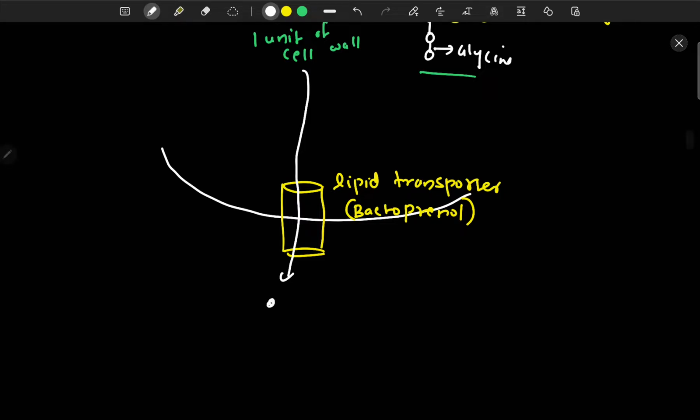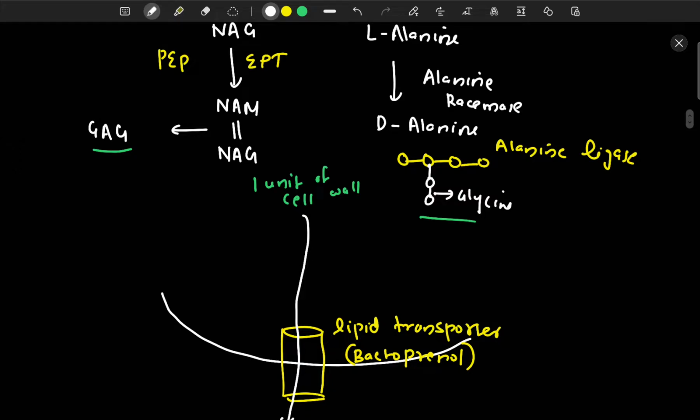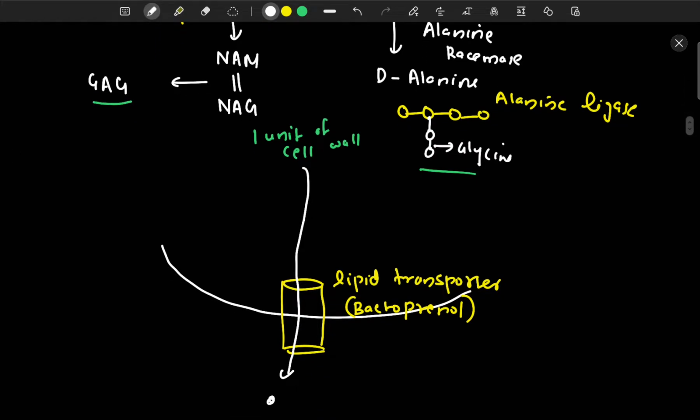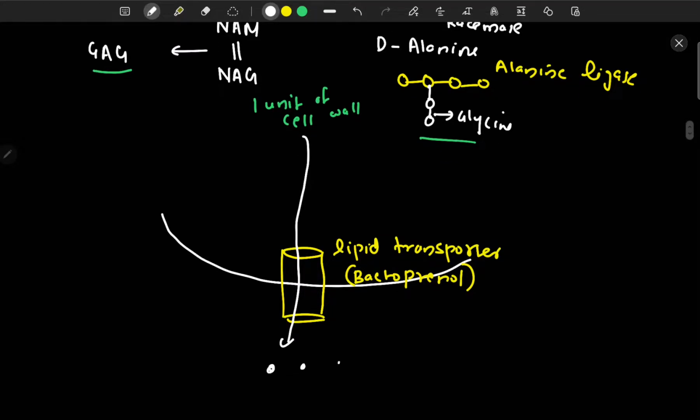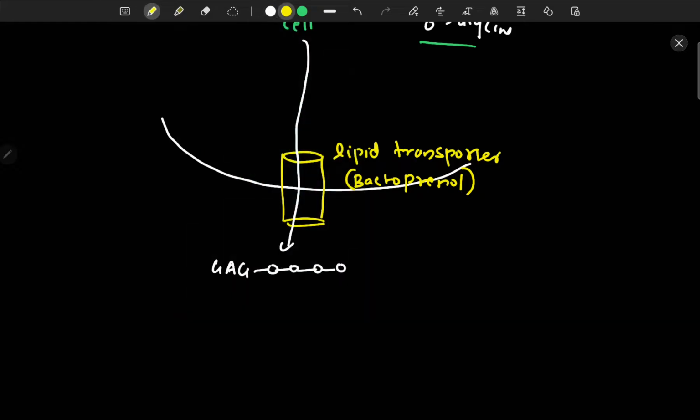So here we have 1 unit of cell wall, and the cell wall is formed by cross-linking of many units. So here we have 1 unit of glycosaminoglycans that is joined with the peptide, and we have the glycine.